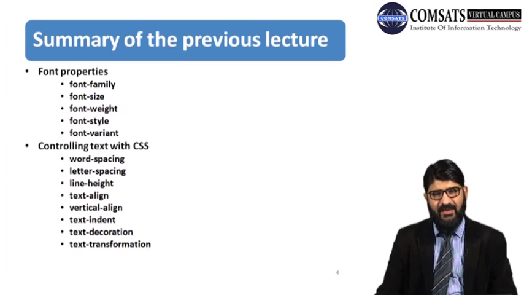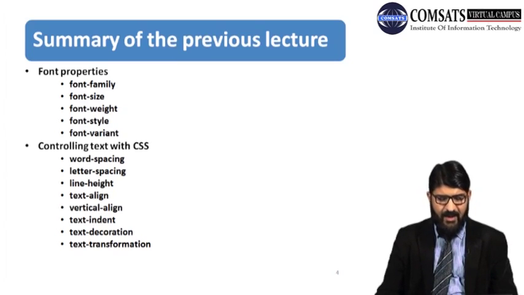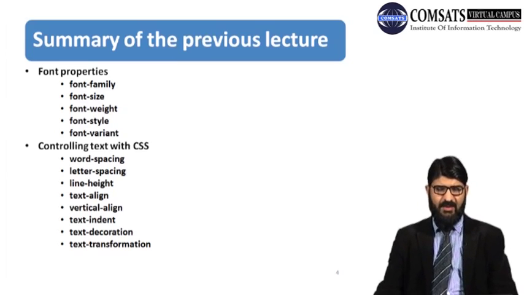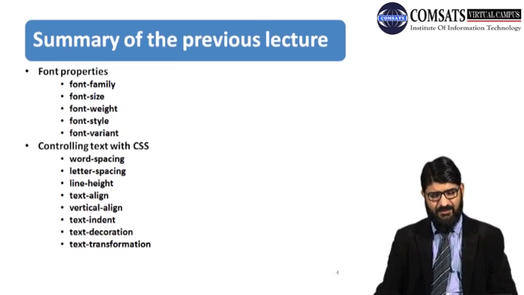And then we have studied text indenting, positioning the text with respect to creating a space before the text or after the text. And then we have overviewed the text decoration, which contains underlining of text, overlining the text, striking through the text, and the blinking of text. And then we have seen the text transformation.